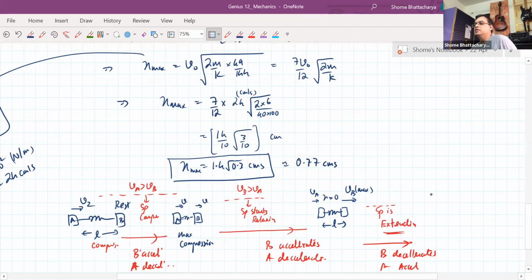Eventually it reaches a stage again where the spring reaches maximum extension. When it reaches maximum extension, again they will have the common velocities, V2 by 2, so this common velocity was equal to that 7 by 12 V0.